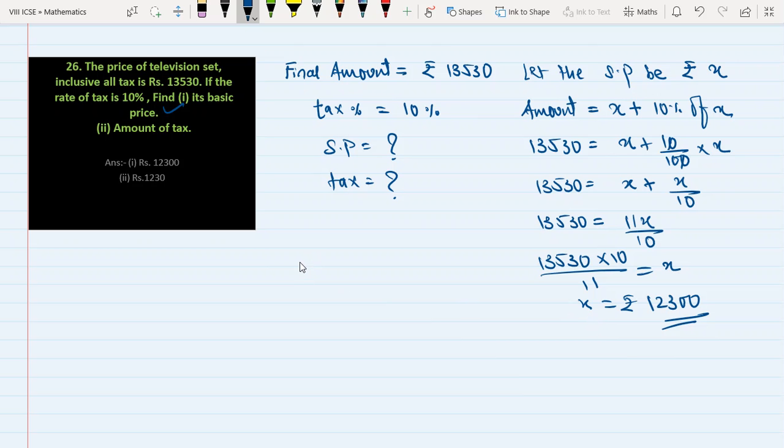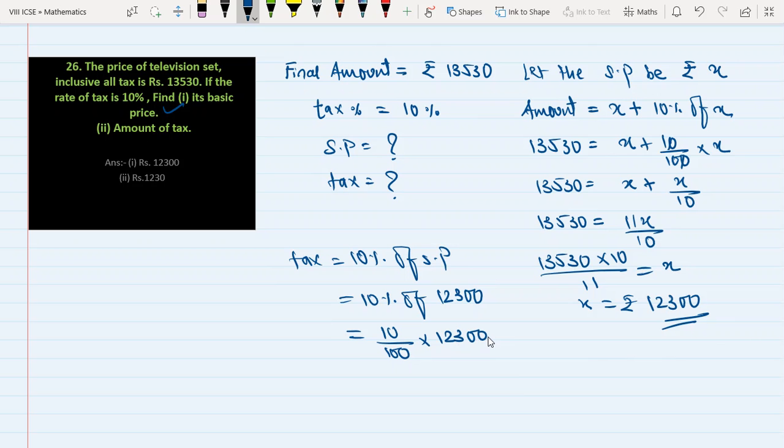Tax is equal to 10% of selling price, that is 10% of 12300, that is 10 upon 100 multiplied by 12300, and it is simple, rupees 1230, that is the tax.